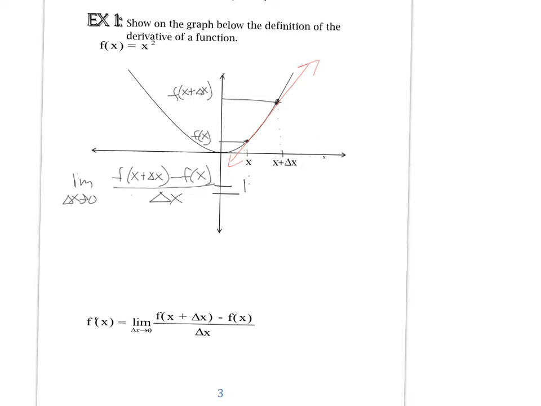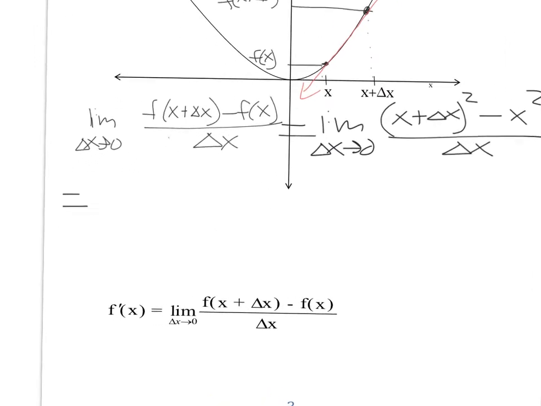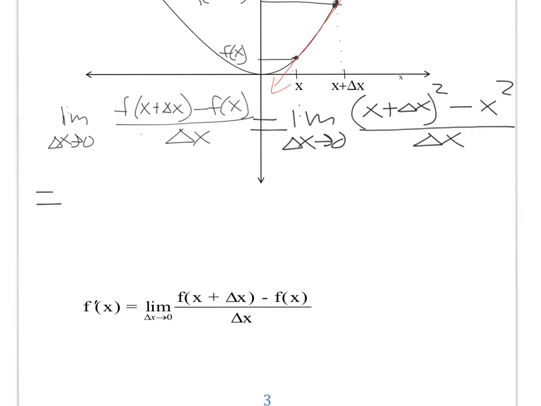So it's going to look like this: the limit as delta x approaches 0 of x plus delta x squared minus an x squared, all over delta x. Okay, well, I can expand that. Hopefully you see what I did. My function is just x squared, so instead of plugging in x, I plug in x plus delta x, and here I just plug in an x, and here's a delta x.